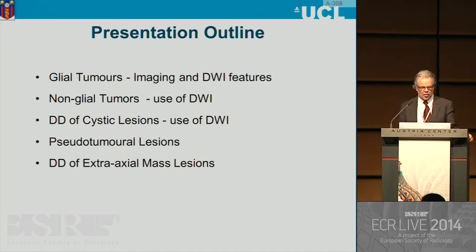Then I'm going to talk about non-glial tumors, where diffusion-weighted imaging can be useful to diagnose. Differential diagnosis of cystic lesions, some other more solid pseudotumoral lesions, and lastly also some differential diagnosis of extraaxial mass lesions, because meningiomas are very frequent tumors.